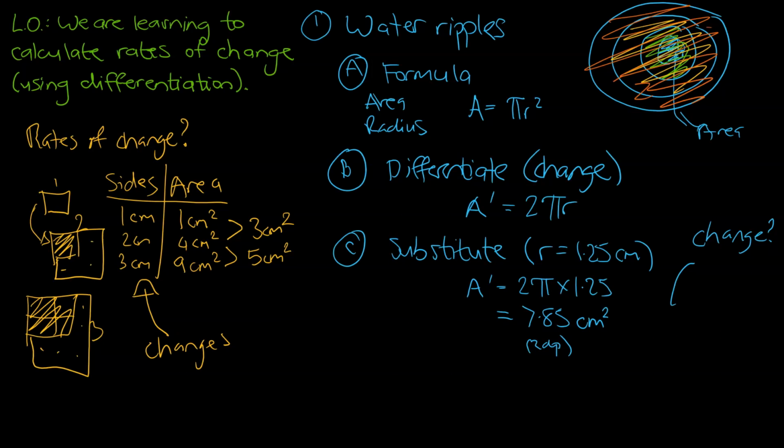So it is changing at 7.85 centimeters squared per centimeter of the change, so of the change in the radius. So at 1.25, if that radius changes by 1 centimeter, we would expect the area to change by 7.85 centimeters squared.